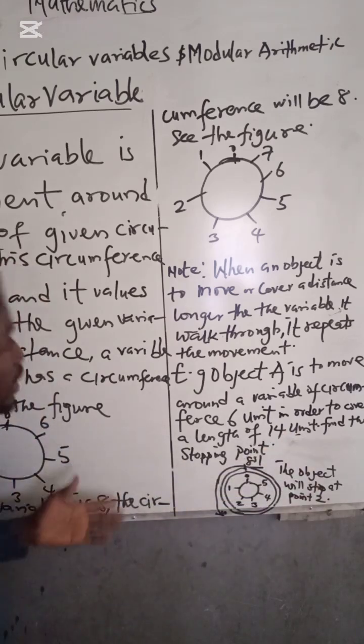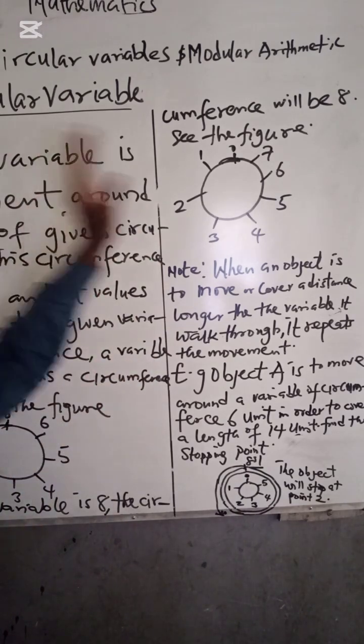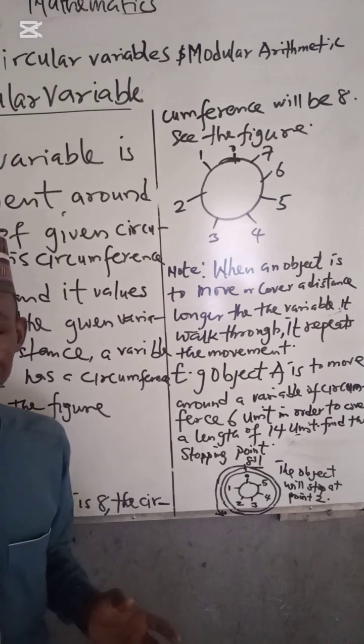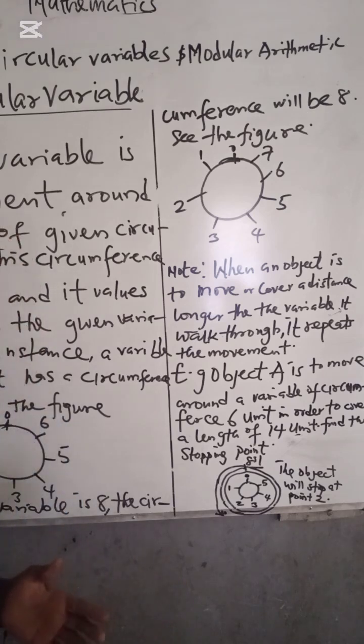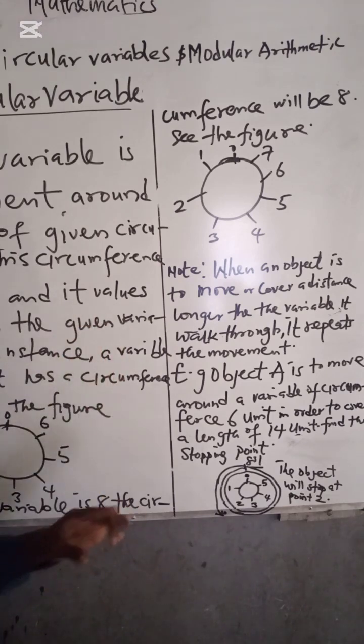Now, this is what circular variable means in practical form. We might be wondering, what is the application in real life? Look at it. You have the clock. Days of the week: every week we have 7 days. We move from Sunday to Saturday.